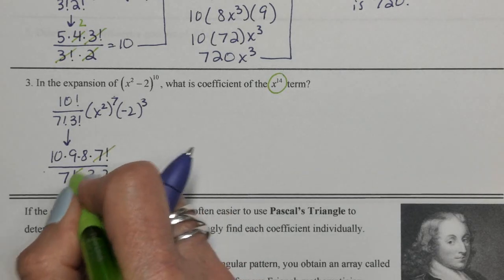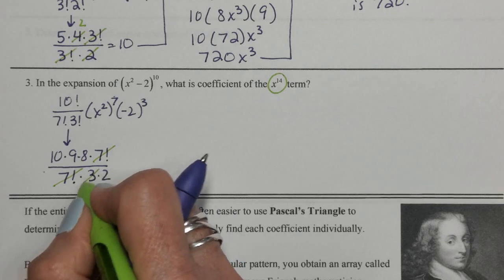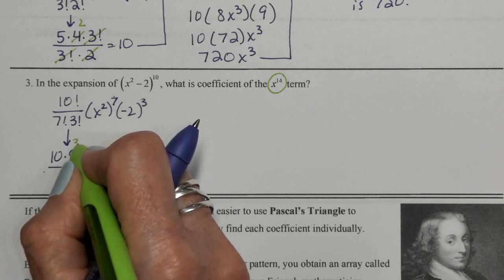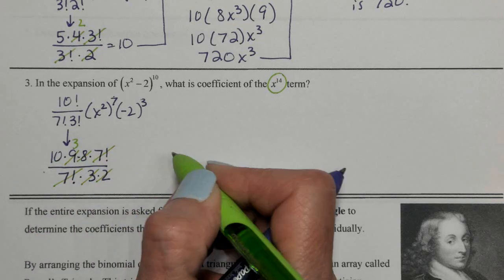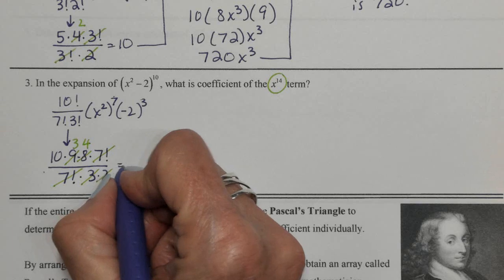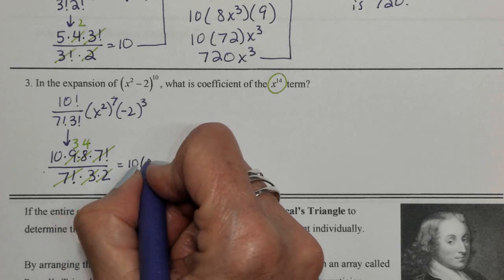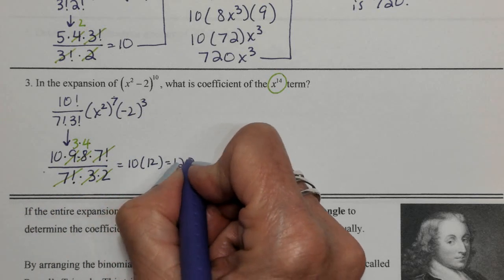Well, 7 factorials cancel out. And then we have 3 goes into 9 3 times, 2 goes into, doesn't matter, 8 4 times, and we are left with 10 times 12, which is 120.